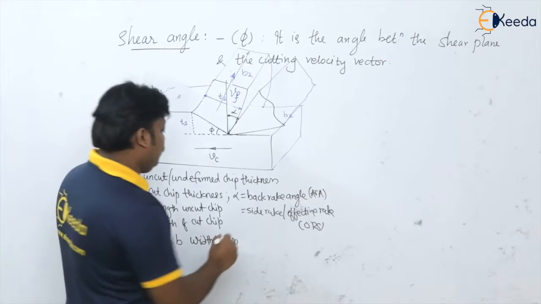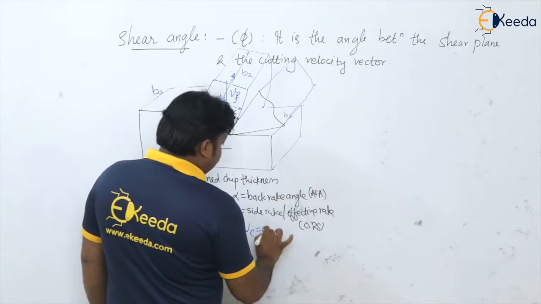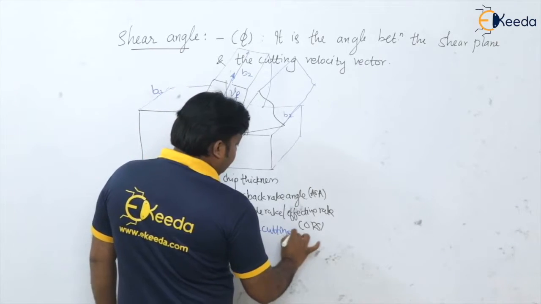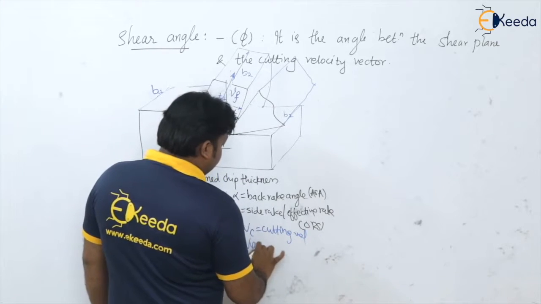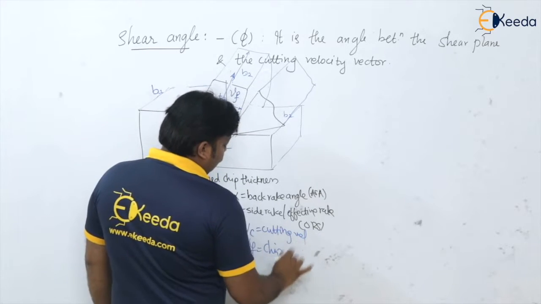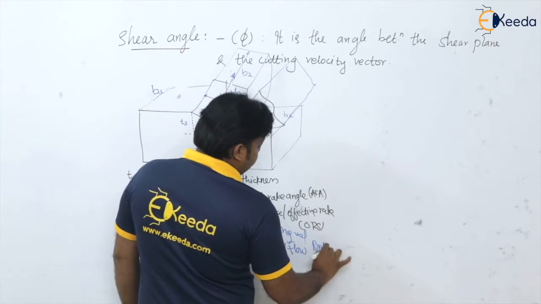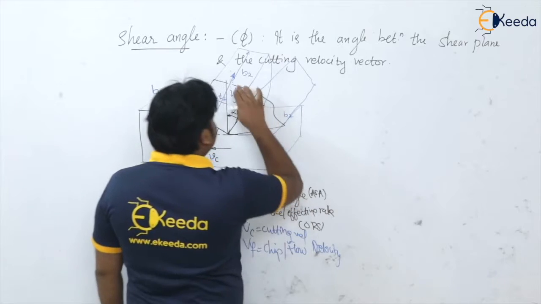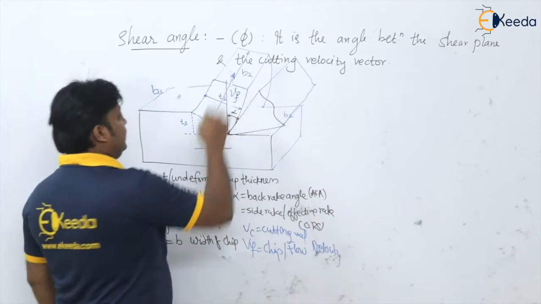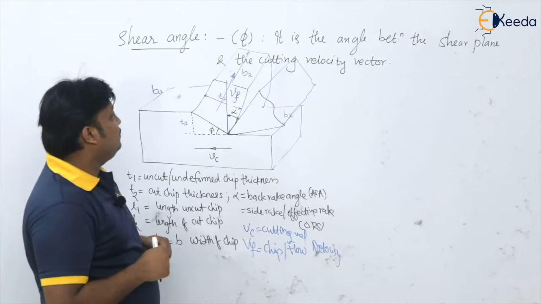Vc is our cutting velocity, and Vf is our chip velocity, also called the flow velocity: the velocity of the chip with respect to the tool.